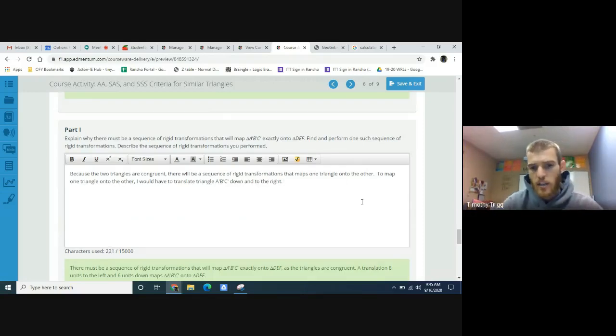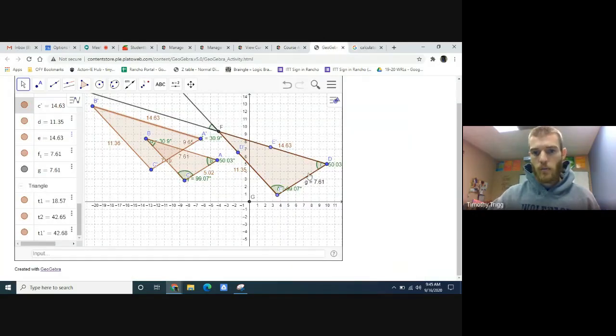That's good enough. I don't need to get specific like how much down and how much to the right. Now yours might be a little different. Yours might be up and to the left or down and to the left or whatever. So, just make sure, in my case, I would have to move it down and to the right.